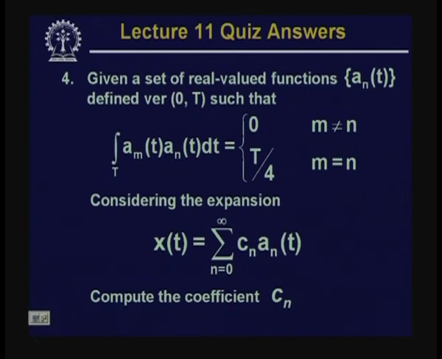The fourth one, you have to find out the coefficient Cn. Obviously, this comes from the definition that if you integrate x(t) a_n(t) dt over the interval capital T, that gives you the value of this coefficient Cn. So, this again comes straight from the lecture material that we covered in our previous class, that is lecture number 11.